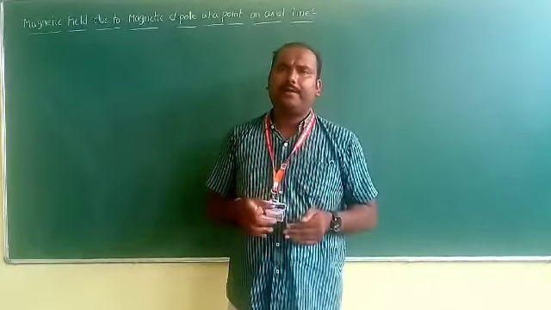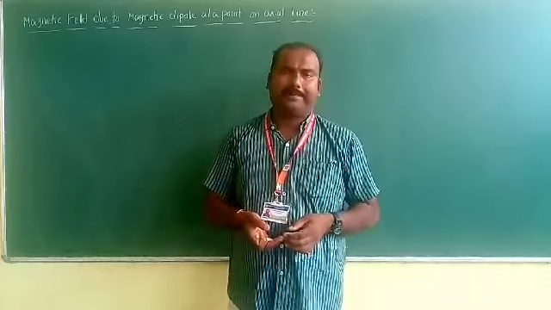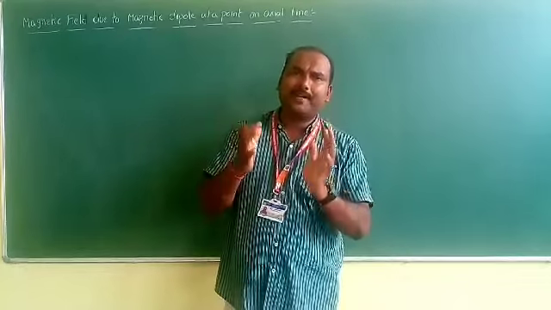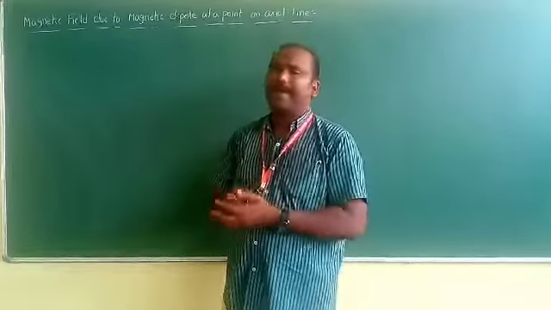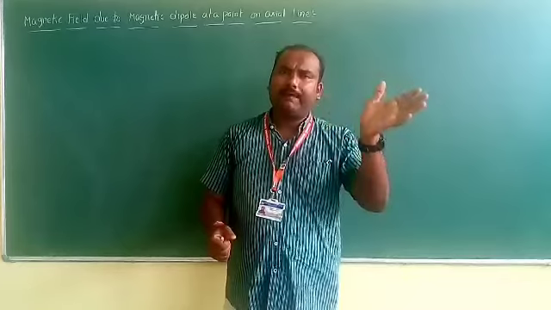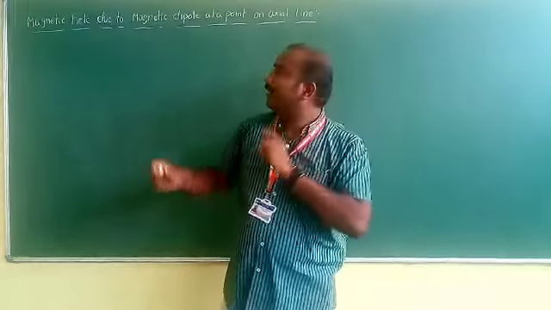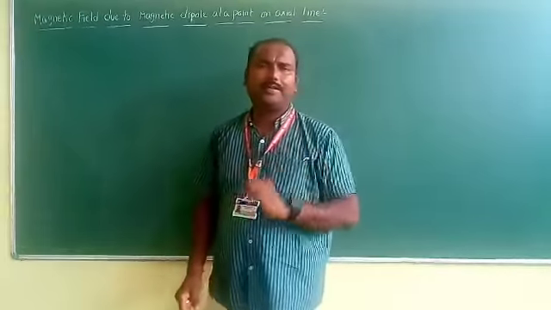Similarly, electric field due to an electric dipole at a point on the equatorial line. The same concept I am using here once again in magnetism also, where electric field and electric dipole become magnetic field and magnetic dipole. What is a dipole?